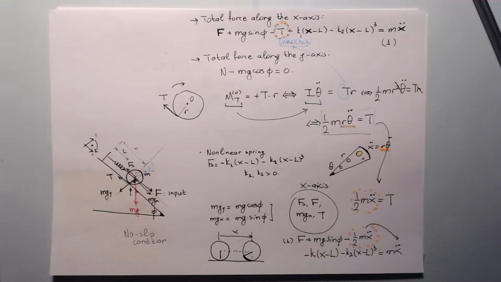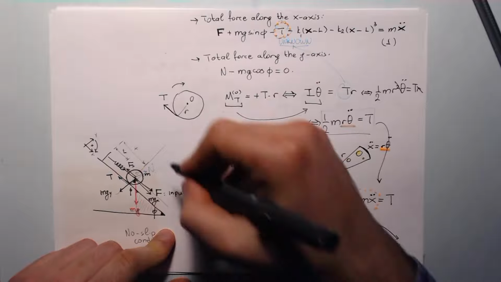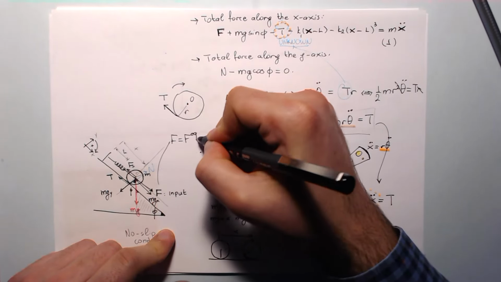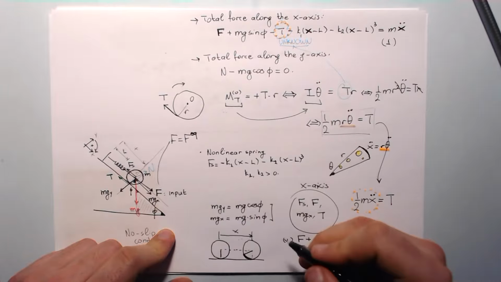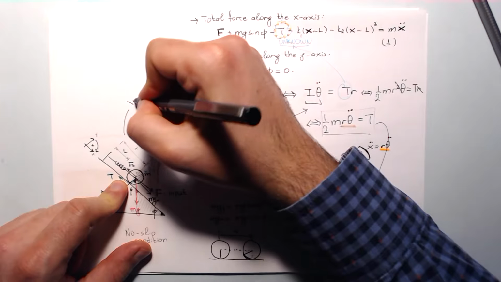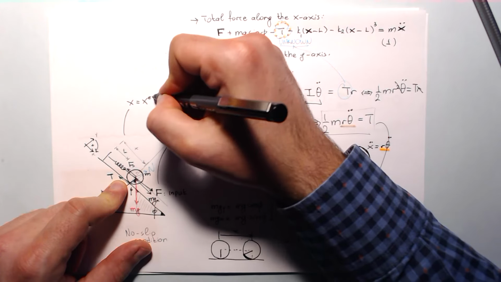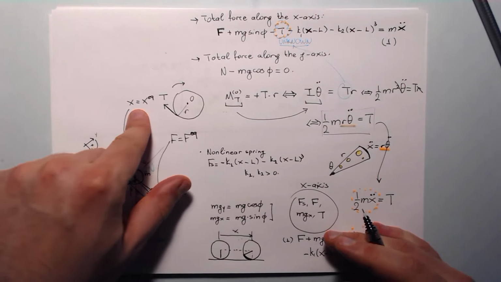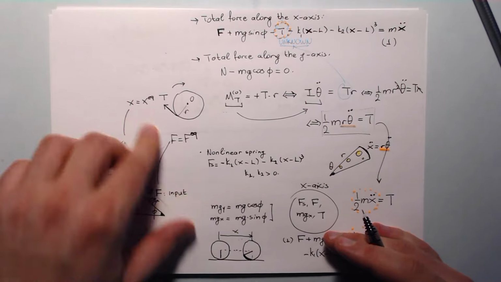What does it mean to be at equilibrium? It means that the input f is equal to that equilibrium value, and x1, which is x, is at that equilibrium position forever. It means that you apply a constant force and the position remains constant at the same time.